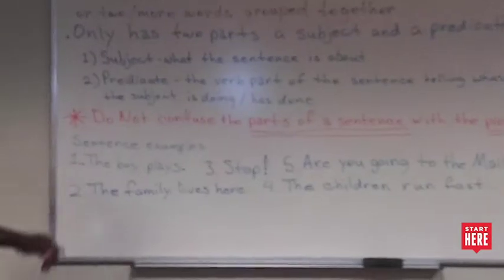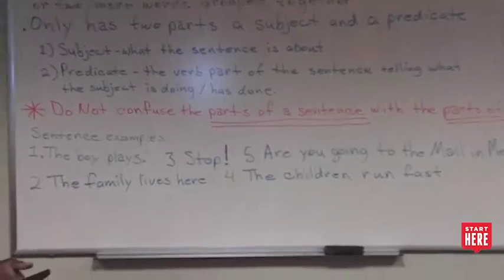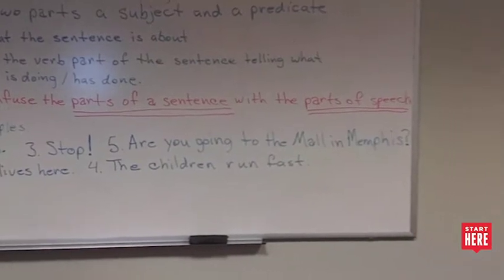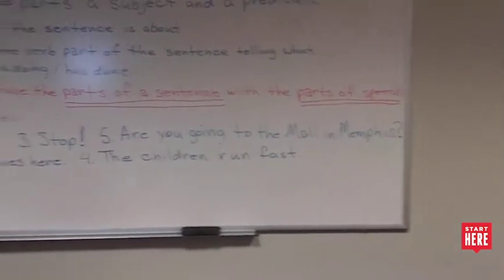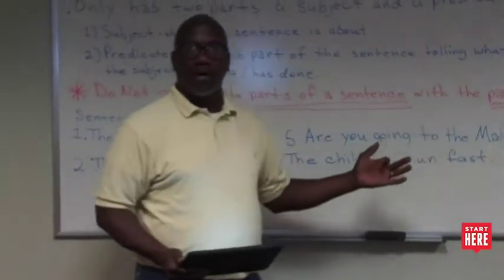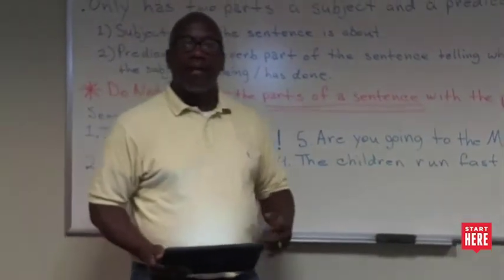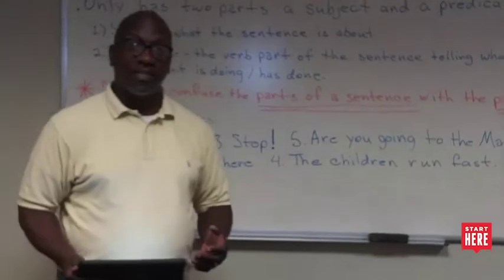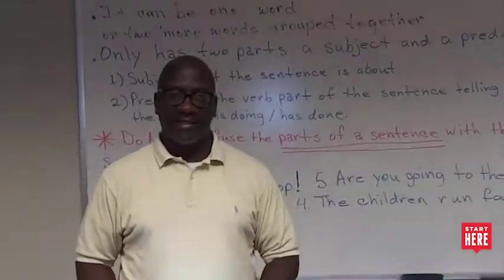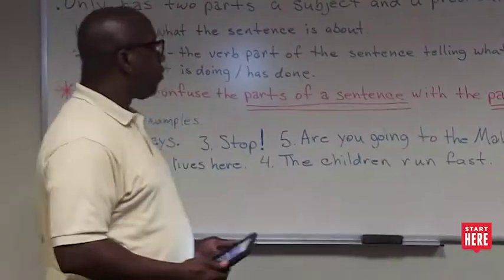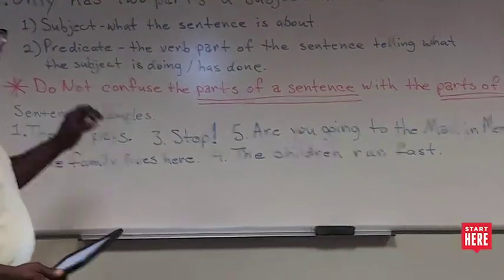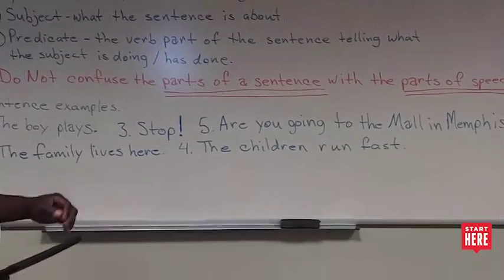Do not confuse the parts of a sentence with the parts of speech. We will get into parts of speech later on in our English, but right now we want to concentrate on a sentence, the two parts of a sentence. Remember, two parts of a sentence, a subject and a predicate.